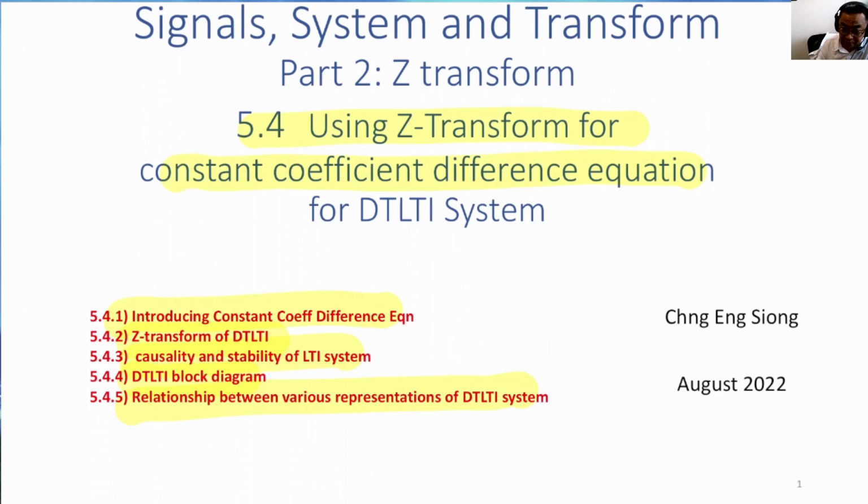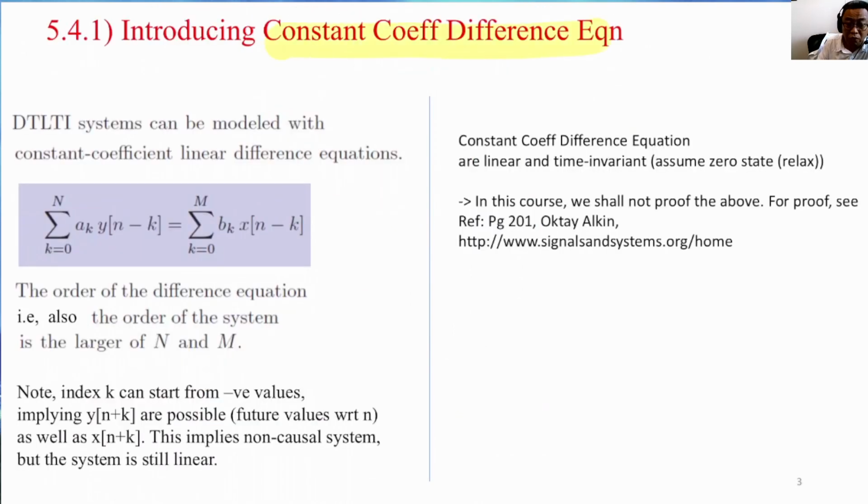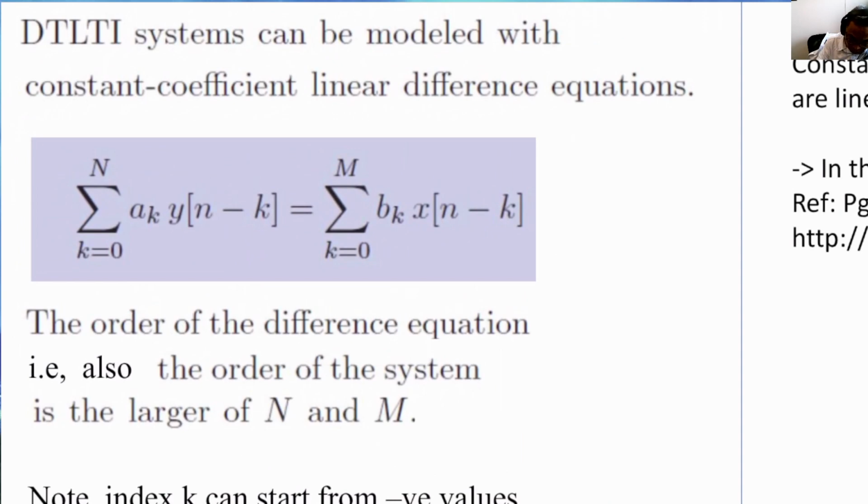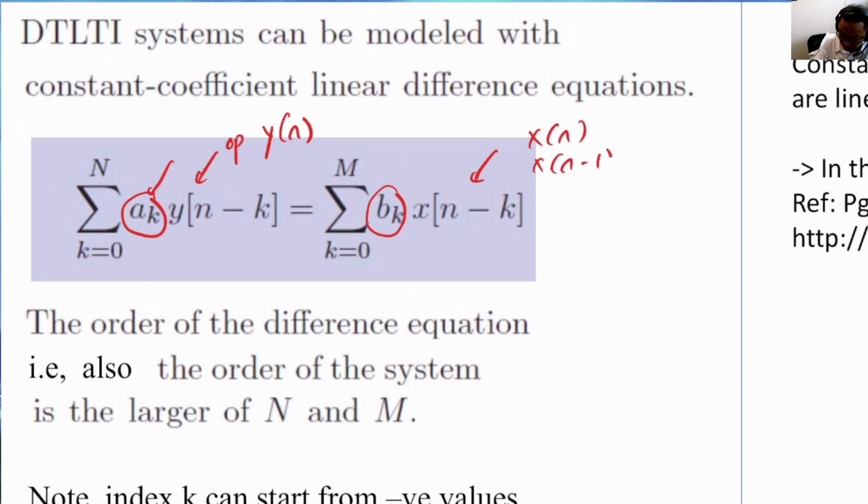Let us begin. What is a constant coefficient difference equation? As its name implies, the constant coefficients we're talking about are here, the a_k's and b_k's, where y is the output, especially y at time n, and x is the input, up to x[n-k].